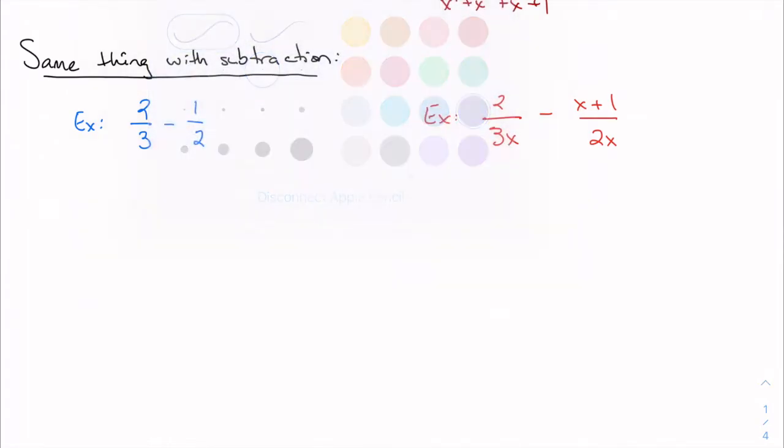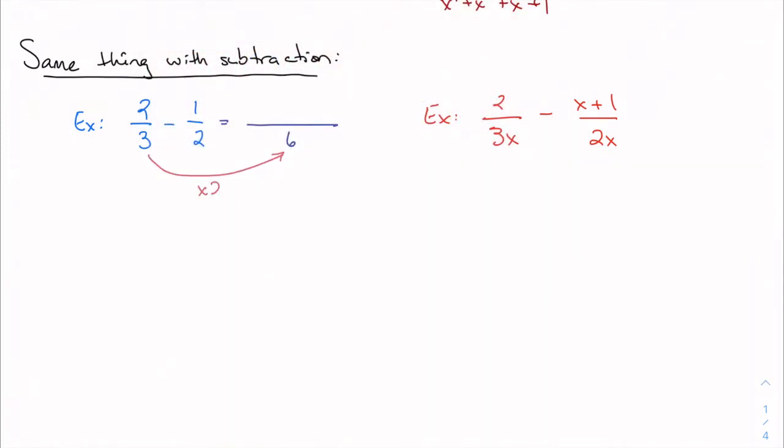So this process is going to be the same even with subtraction, right? If I think back again to just fractions, I'm going to make a common denominator first. So actually, just to show the connection, I'll write it out the way that I have been. My common denominator, well, there's really nothing clear, so when in doubt, multiply together, right? 3 times 2 is 6. What did I do to 3 to get to 6? I multiplied by 2. So I'm going to do the same thing to my numerator.